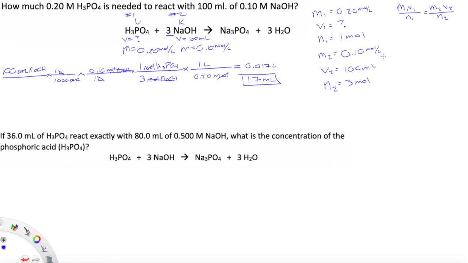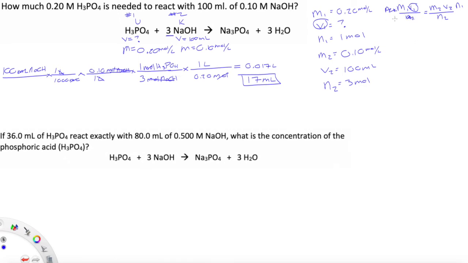All right? So since we're looking for V1, I'm going to go ahead and circle that here, and we need to isolate V1 and get it by itself so that we can solve the equation for that. So the first thing I need to do is multiply both sides by N1. Right? That's going to cancel out N1 on this side.